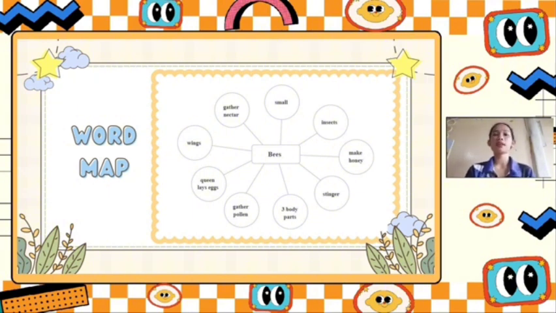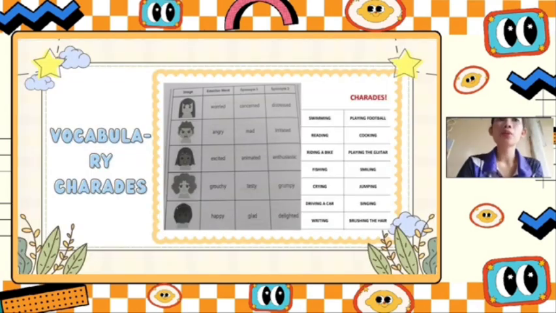We can also have another one, a vocabulary charade. In this activity, words are written on cards and students take turns acting them out without speaking while their teammates guess the word within a time limit. So, points are awarded for correct answers and the game continues until all players have participated.